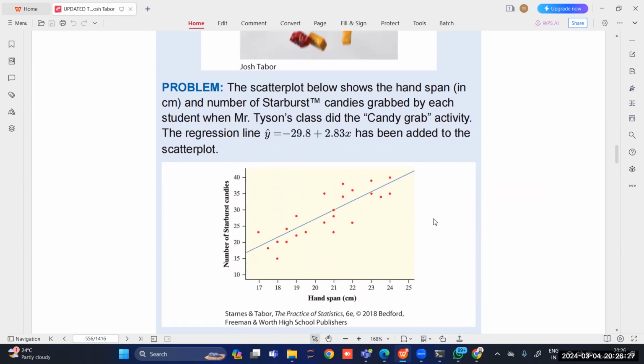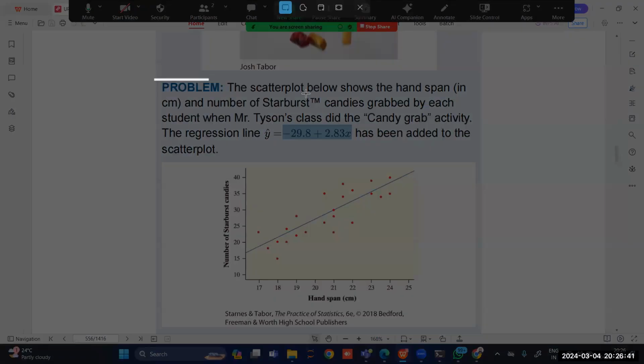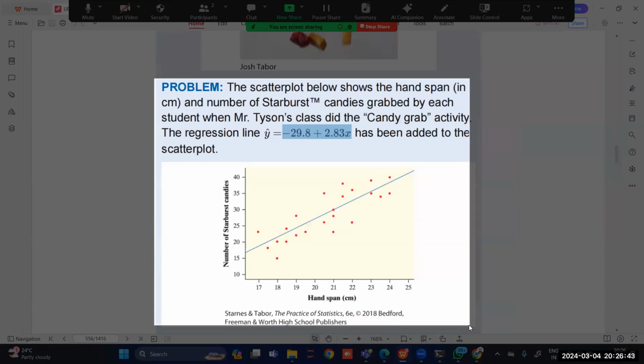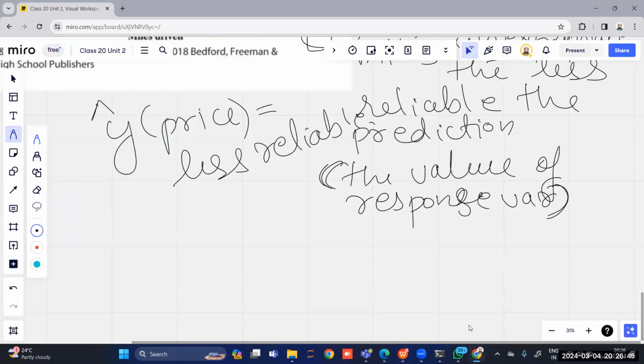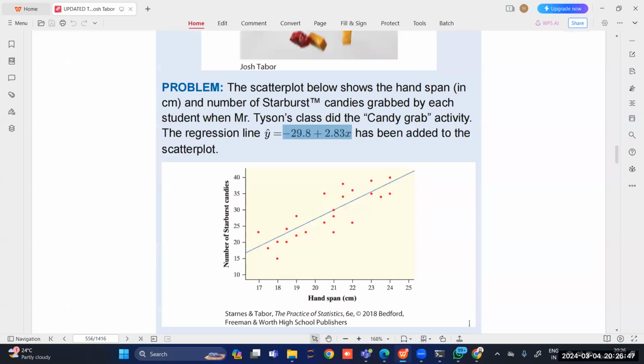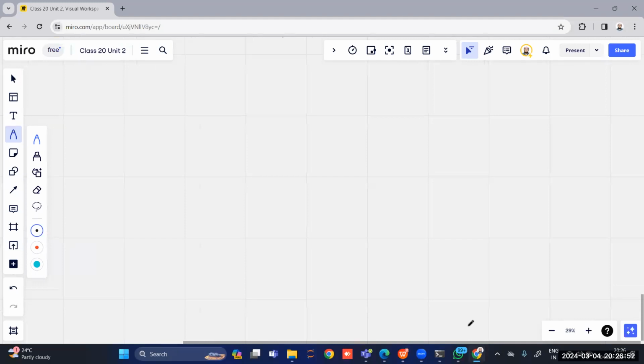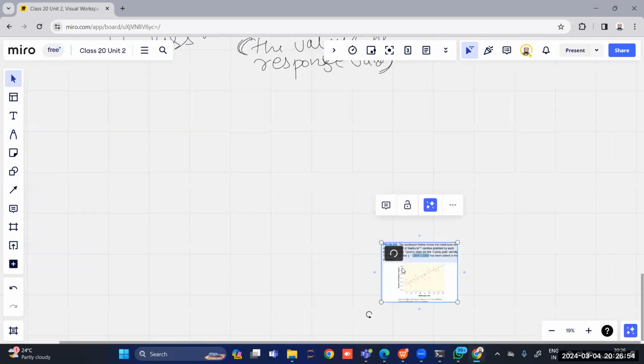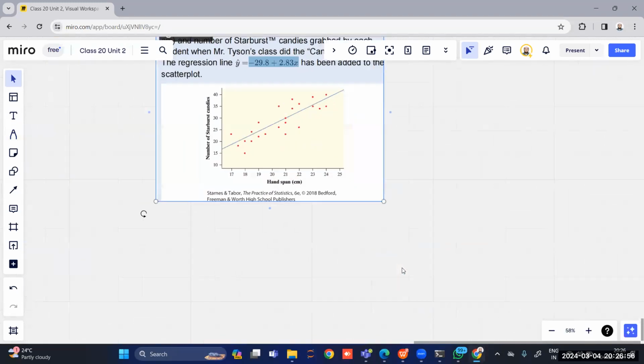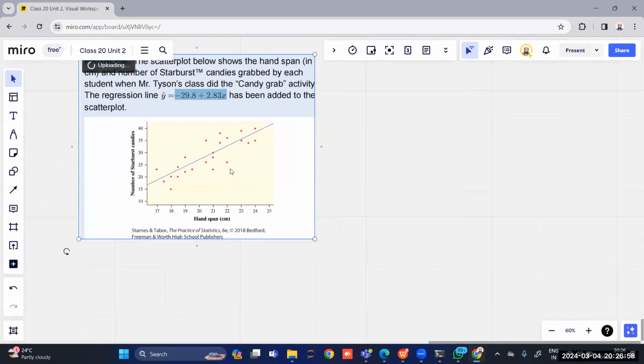So we had plotted a regression line here, and the formula is y hat equals minus 29.8 plus 2.83x. I'll take this graph here.